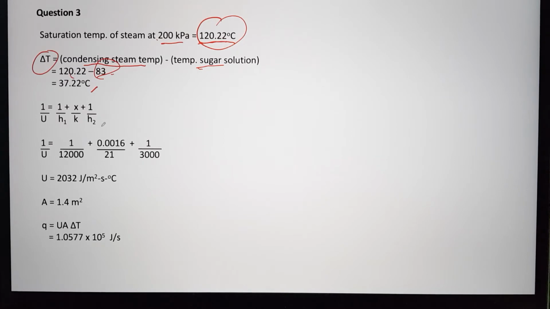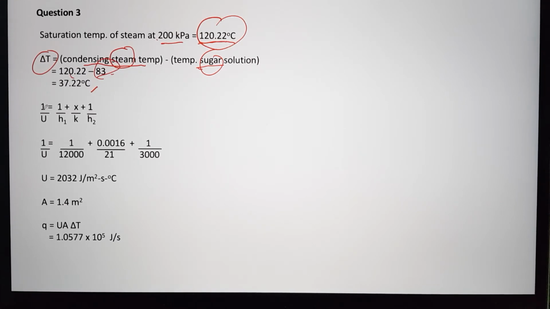Alright, now we move on to the calculation of the overall heat transfer coefficient. Since we have steam, sugar, followed by the stainless steel, you need to use the surface heat transfer coefficient.